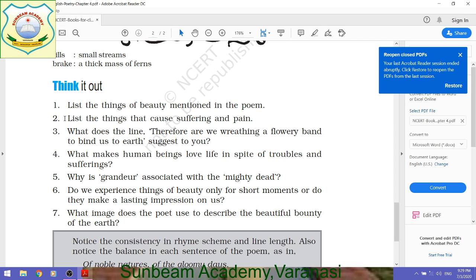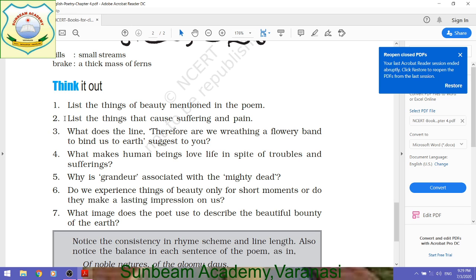Like the biggest source of suffering is our malice and disappointment, despondence. The lack of noble qualities in human beings is another negative point.